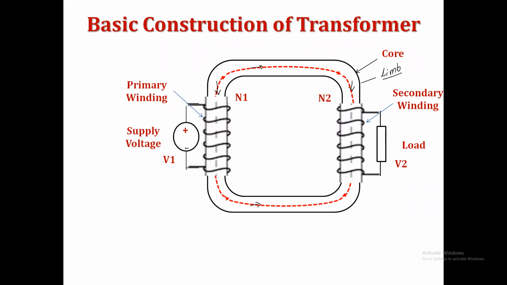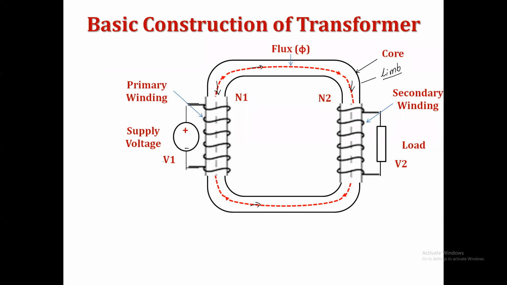The magnetic flux produced by the primary winding current will link with the primary winding as well as the secondary winding. But what is the basic requirement to induce the EMF in both windings?